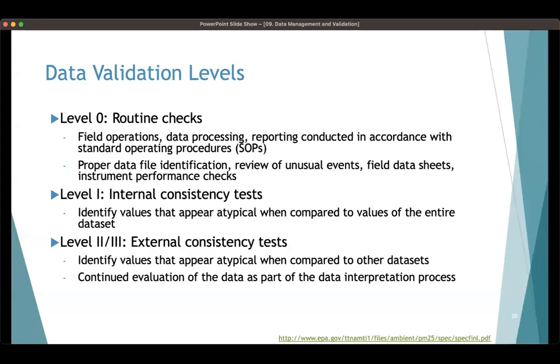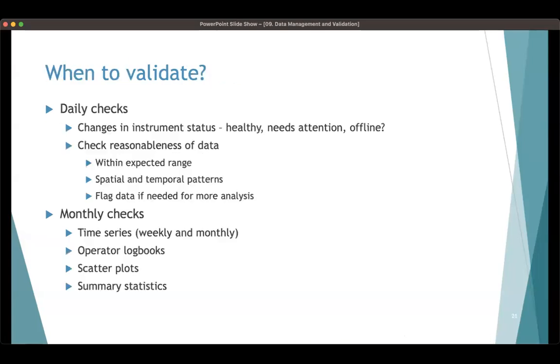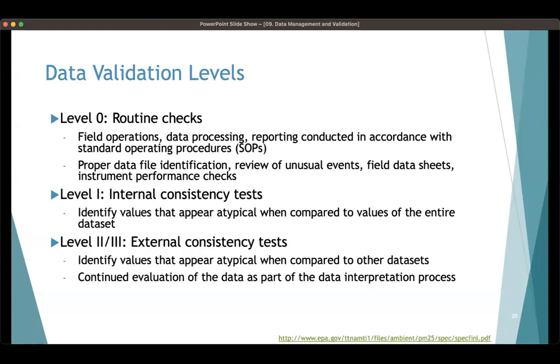Actually, these are steps of this data validation process. We have level 0, level 1, level 2, and level 3. Likewise, we have 4 steps to follow in this data validation process.